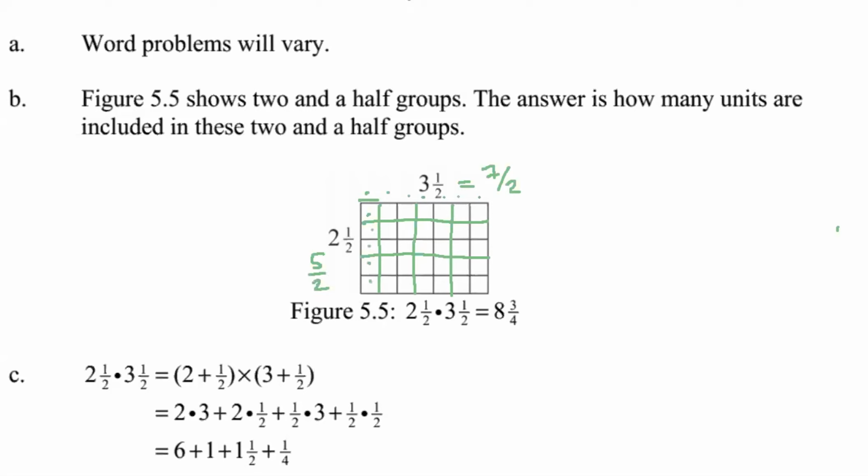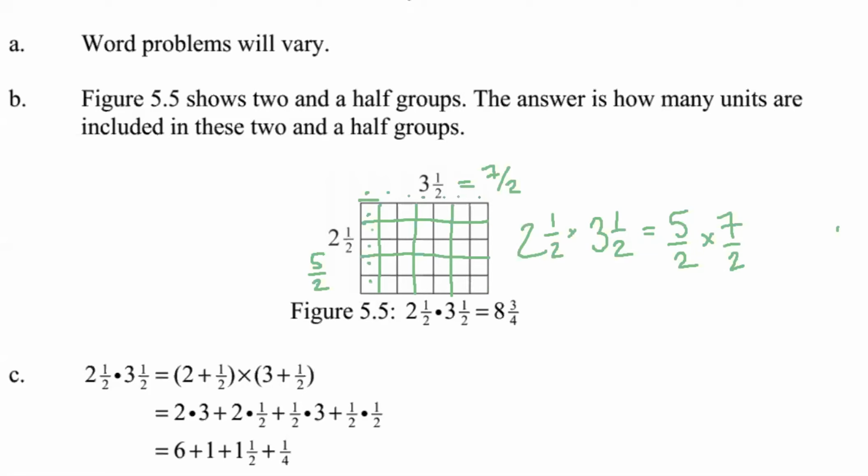So we can see in mixed numbers as well that 2 and 1/2 times 3 and 1/2 is the same as 5 halves times 7 halves. Now let's focus in on where we can actually see a 1.